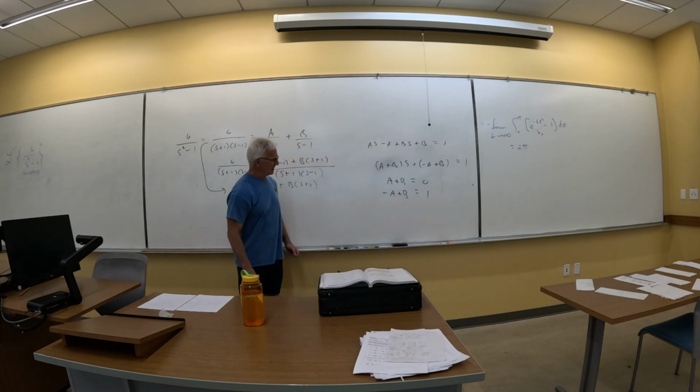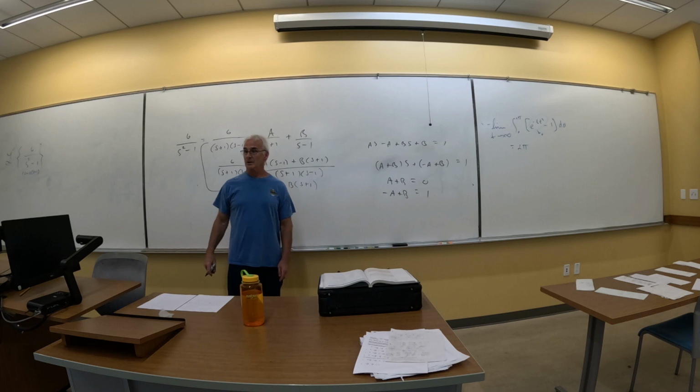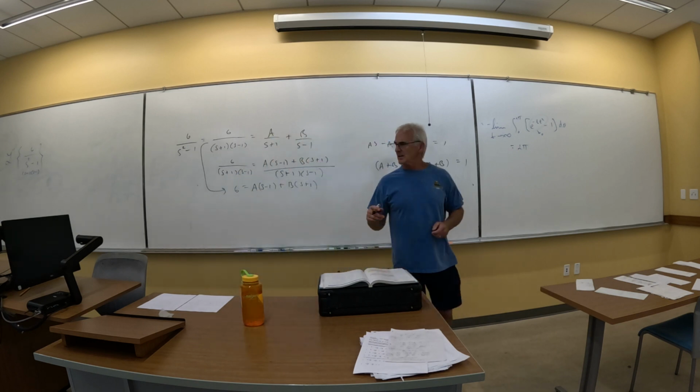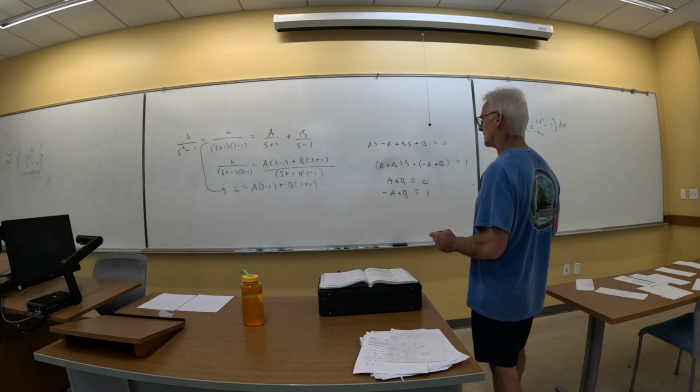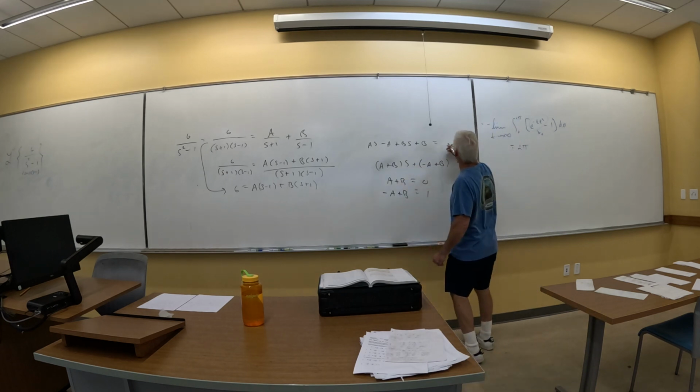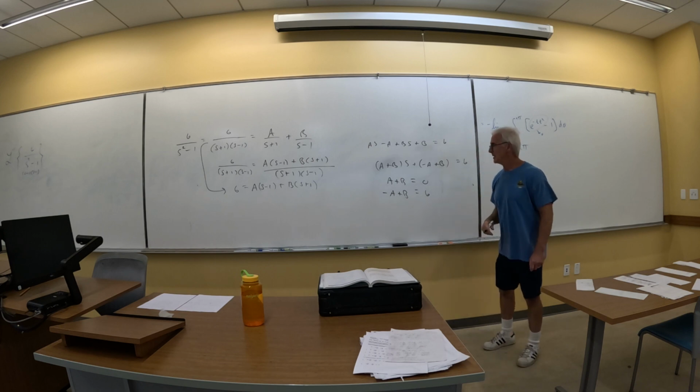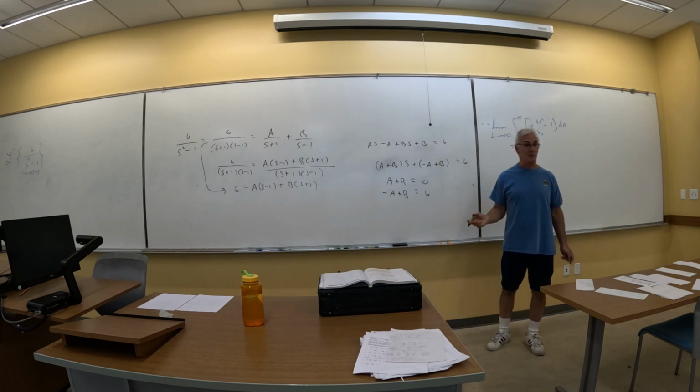Would that be correct? And now I'm going to solve that system of equations. Did I lose anything? Oh, thank you. Sorry, 6. Way better. Yeah, no fractions. This is absolutely correct, and this is the textbook approach.